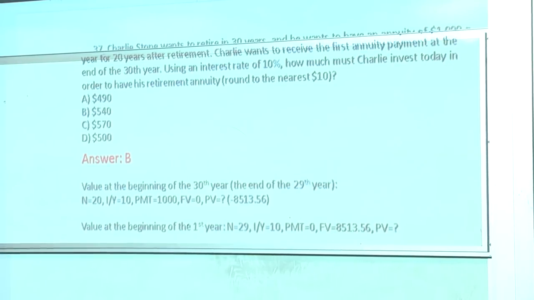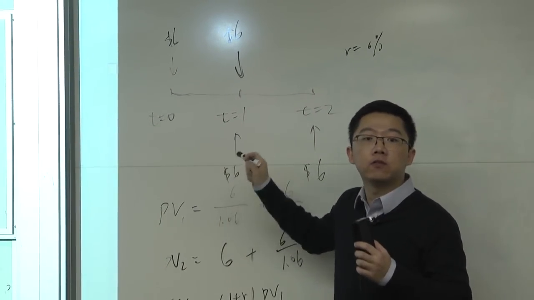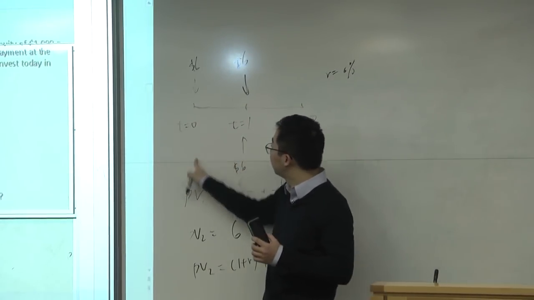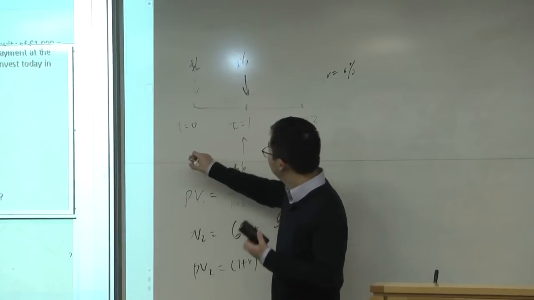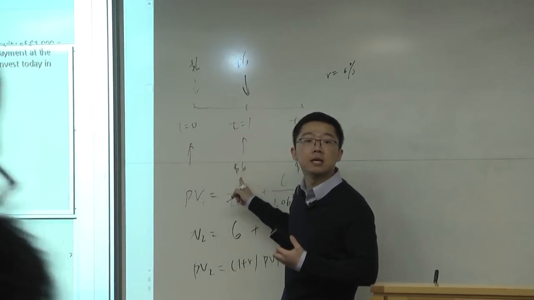But we are considering this ordinary annuity, right? Whenever we are calculating value for ordinary annuity, you remember this case? Ordinary annuity, the first payment happened 1 year later, 1 period later. And if we are calculating the present value for that ordinary annuity, we are calculating the value as of here, which is 1 year earlier than the first payment.